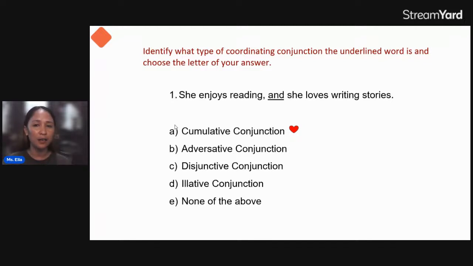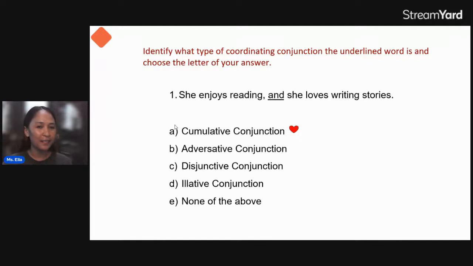Why? It's because we use the word and to add information about our subject, she. She enjoys reading and she loves writing stories. That means it adds more information about our subject. That's why it's cumulative conjunction.